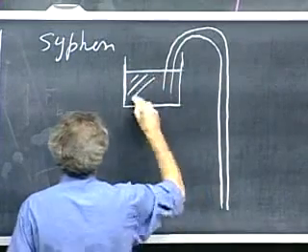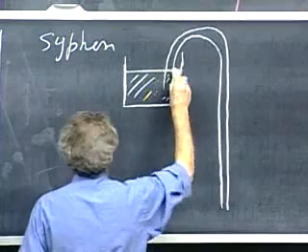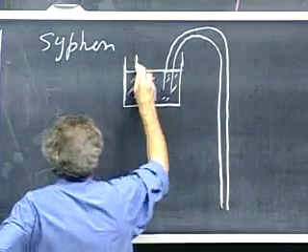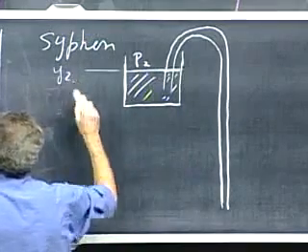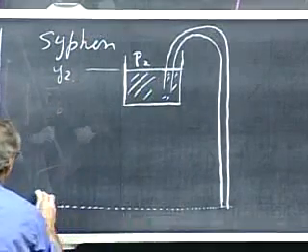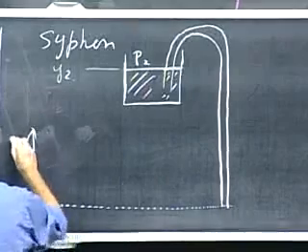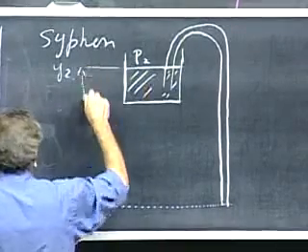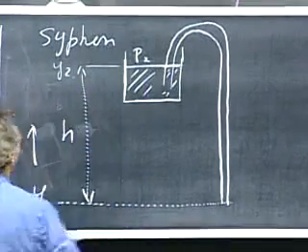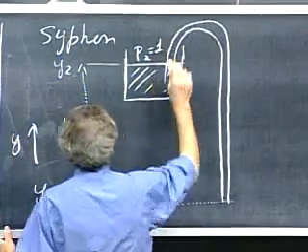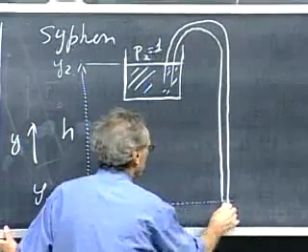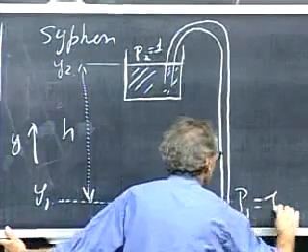And there will be water in here up to this level. This level is P2, Y2. This is Y1, increasing value of Y. This height difference is H. P2 is 1 atmosphere. I put a 1 there, it's atmosphere. And here, if it's open, then P1 is also 1 atmosphere.